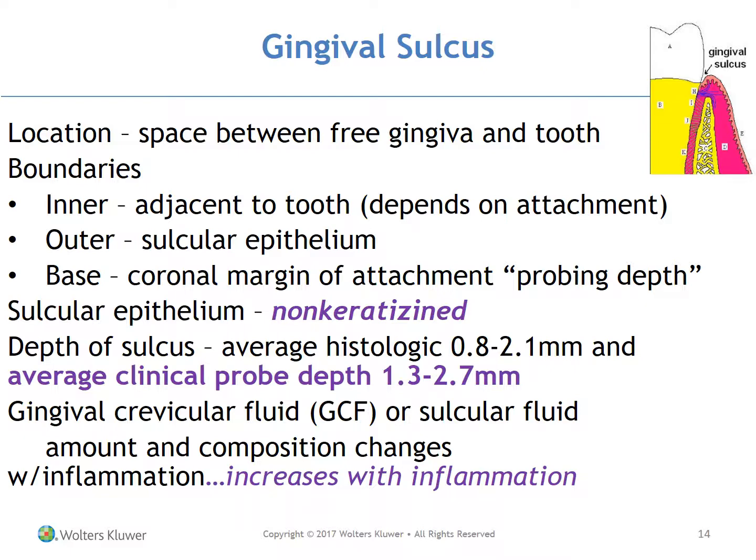Then we have gingival crevicular fluid or sulcar fluid, and the amount and composition changes with inflammation. It's going to increase because remember, we don't have a lot to start with when it's healthy. But then it's going to increase because that tissue is being stretched with the inflammation, allowing more fluid out.